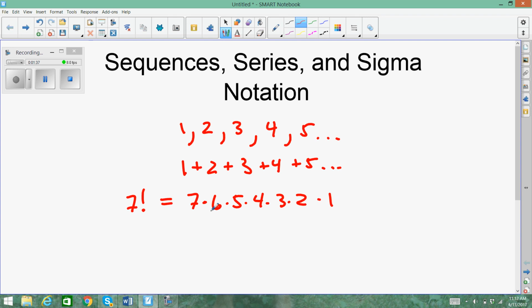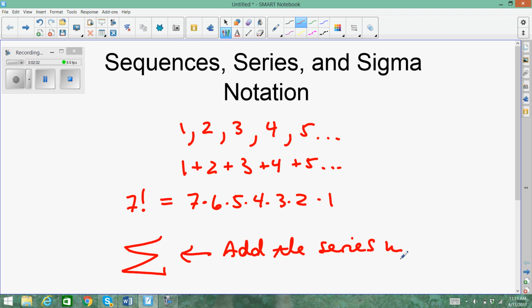Well, wouldn't it be cool if there was an operation that told us to do that with addition of numbers? And as a matter of fact, there is, and it's called sigma notation, and it looks like this. Add the series up. Okay? It's an operation.